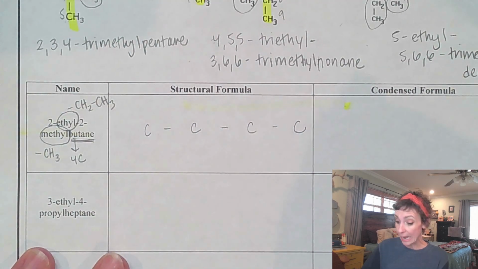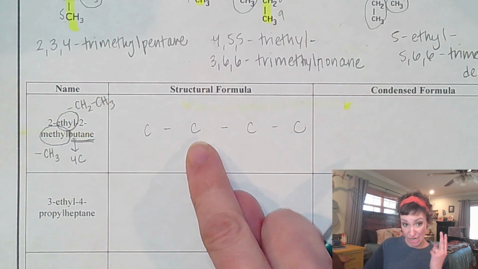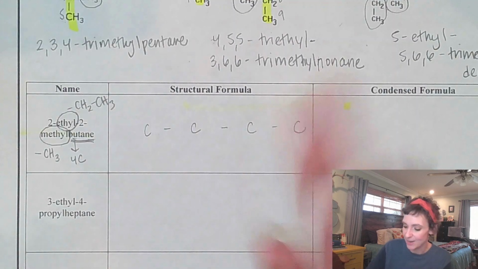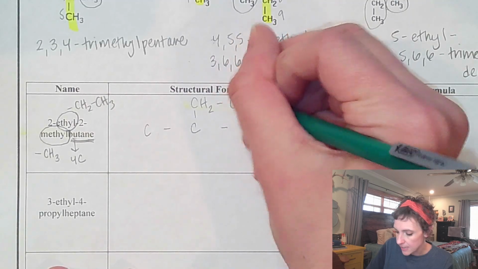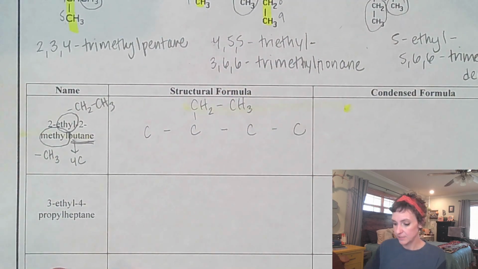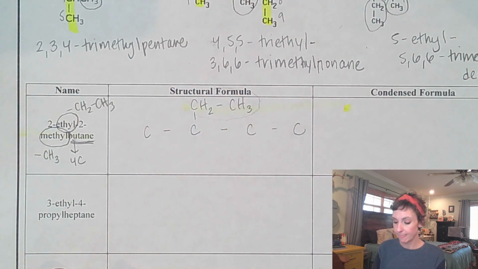So let's first draw our ethyl group. Our ethyl group's got 2 carbons total in it, which means he's going to be a CH2, CH3 group. So here I see my branched ethyl group. Yep.